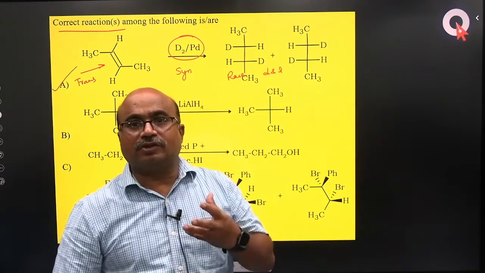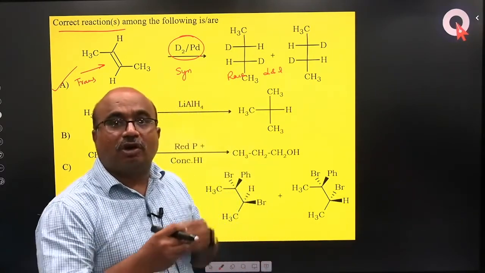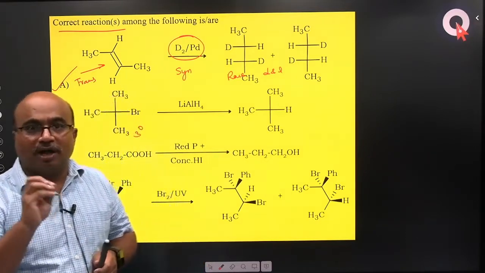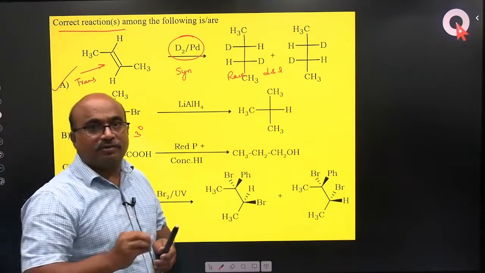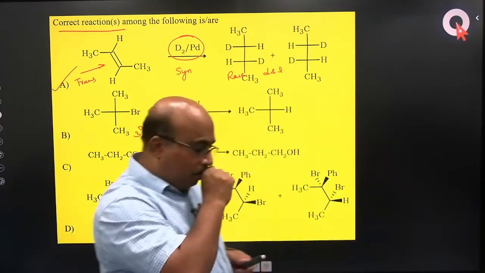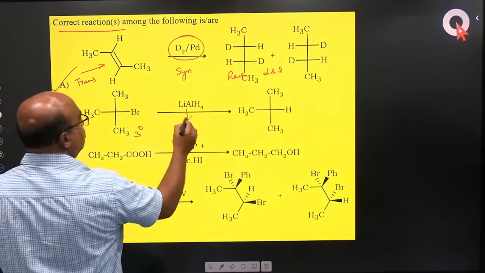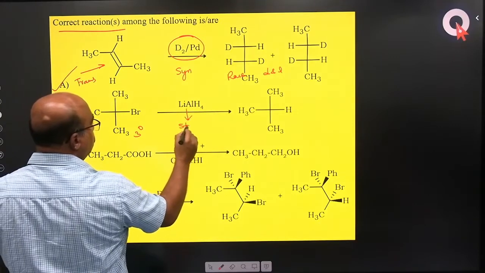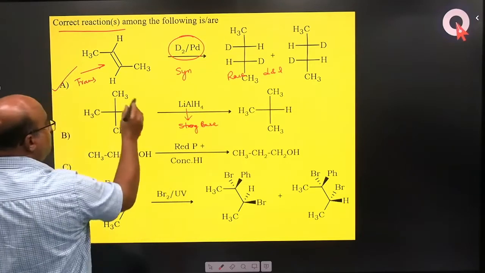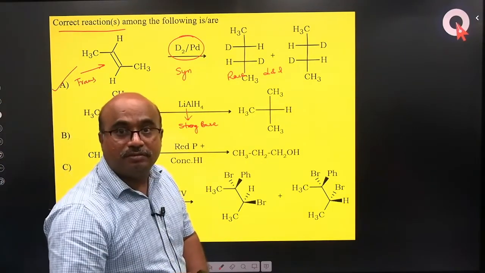It's the strongest hydride donor. So the H minus will behave like a stronger base also. It's not a bulky base, it's a smaller one, and it is a stronger base because its conjugate acid is a very, very weak acid. So tertiary alkyl halides will generally favor elimination.